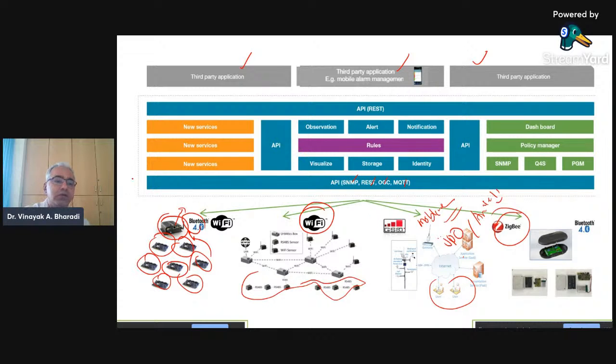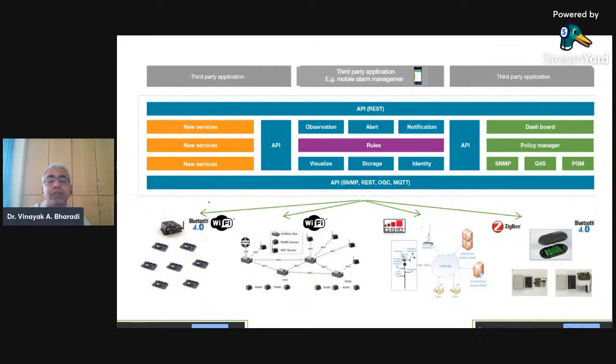This is another layer or component which comes in when mobility management is there. These APIs use various protocols, Simple Network Management Protocol, Q4S protocol, PGM protocol, and for this management they have application programming interfaces, APIs, and further connectivities.